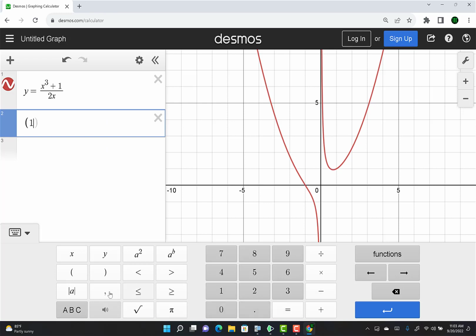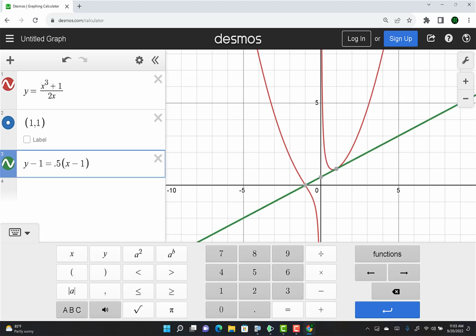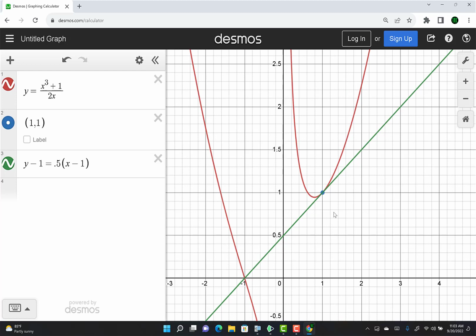I want to know where I'm at. Okay, I'm right there, that blue dot. Give me my tangent. Y minus 1 equals 0.5 (x minus 1). Beautiful. Look at that, guys. That definitely looks like a tangent.